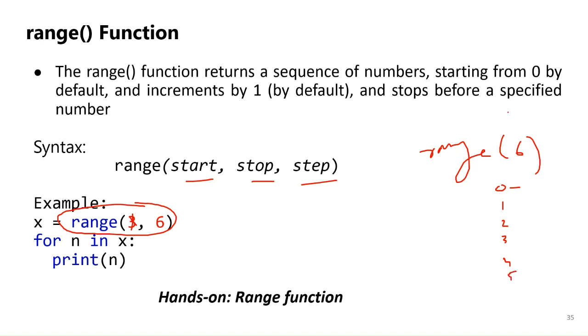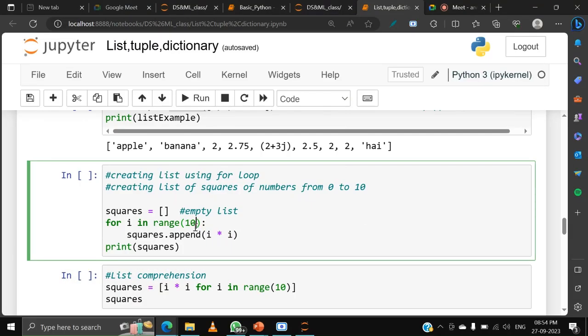By default, the starting is 0, and we are showing the end here. So range 6 means 0 to 6, but 6 will not be included. Like that, range 10 means 0 to 10, but 10 will not be included.